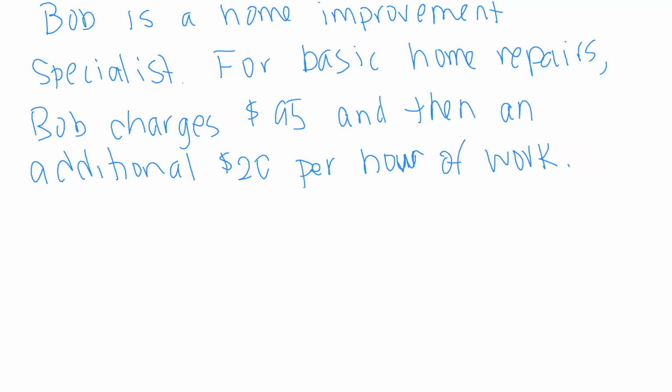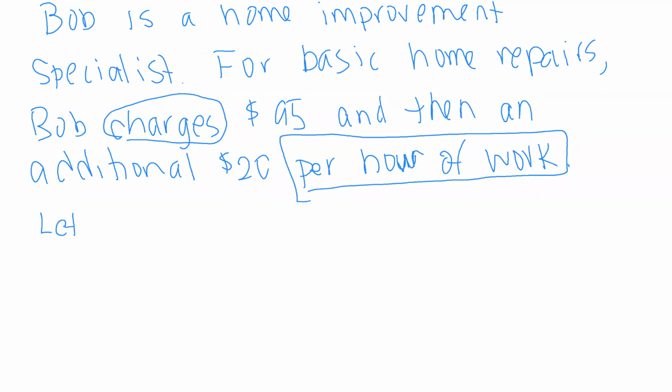So in this particular situation, we have a couple of things that are missing. The total charges, okay, we don't know what the total final cost is going to be for this person who's getting home improvement work done. And then we've got this per hour of work. So let's let C equal total charges.